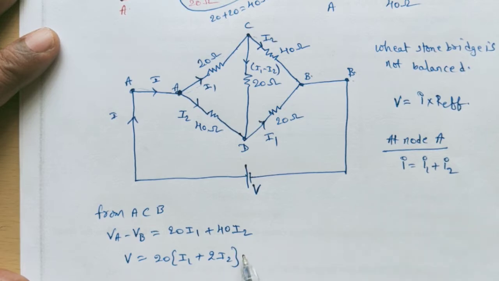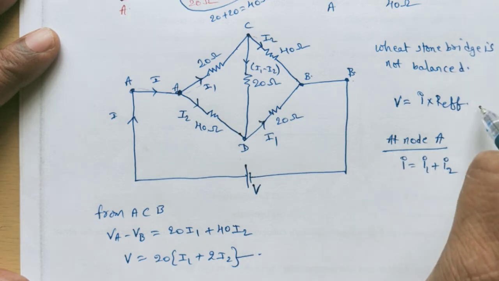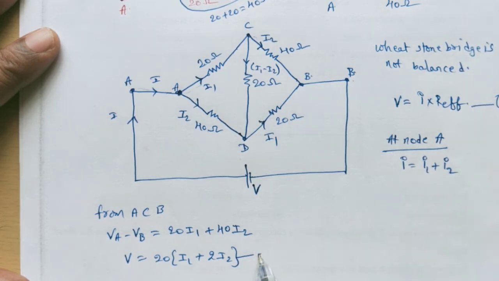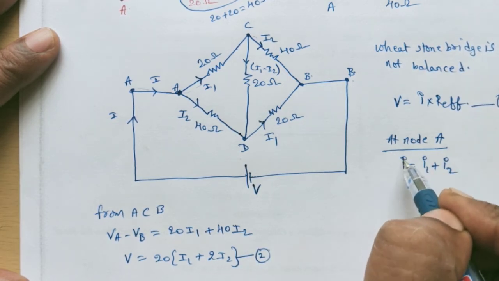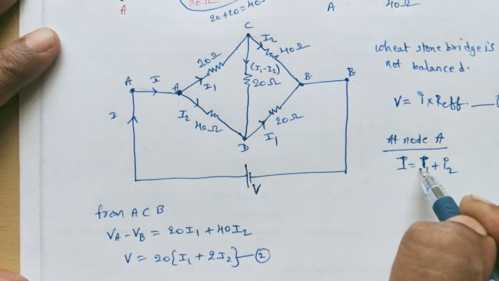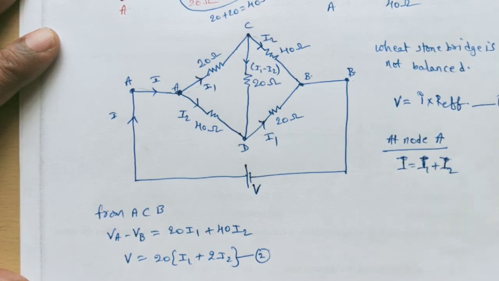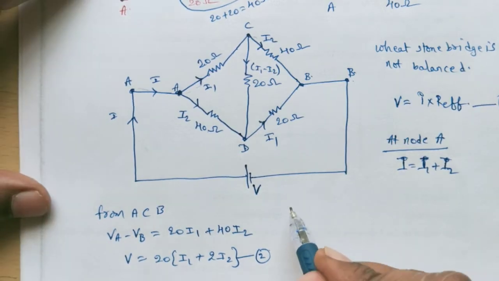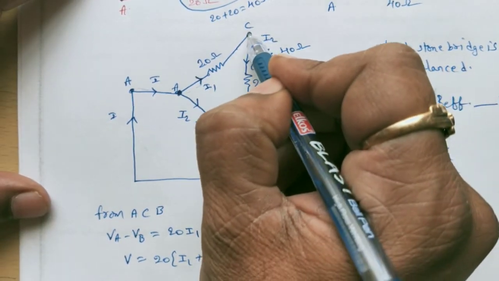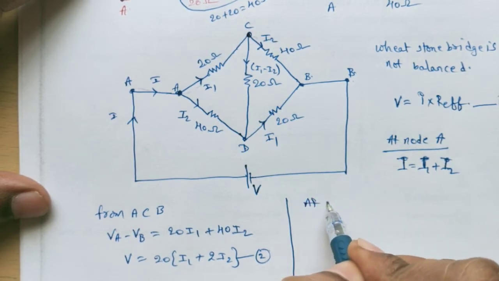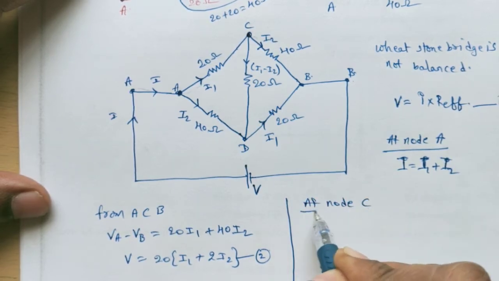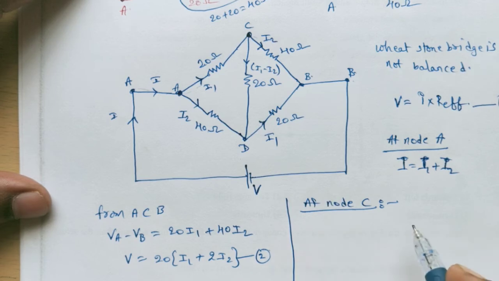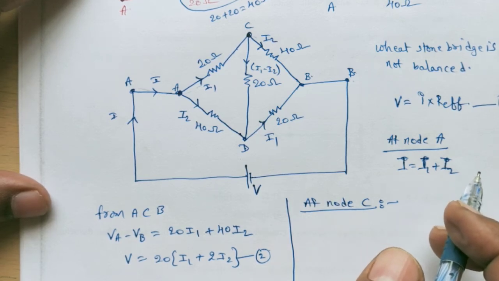So students, let this be equation 1 and this one equation 2. And I value is equal to I1 plus I2. Like this we identify the things. One more thing, students: node C is present. At node C, by Kirchhoff's first law, the sum of incoming currents is equal to the sum of outgoing currents.